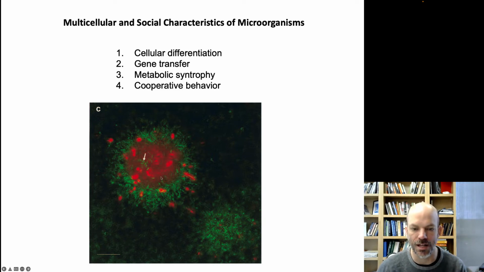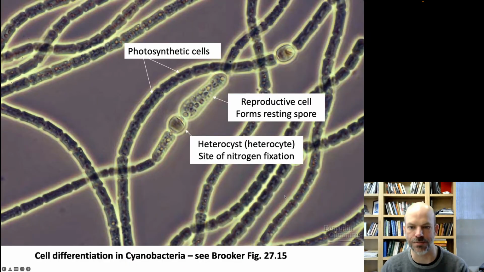But it is analogous in that these cells that are stained in red have intentionally killed themselves in order to help build the structure that enables their sister cells to disperse and carry on the population. So that's one example of cellular differentiation.